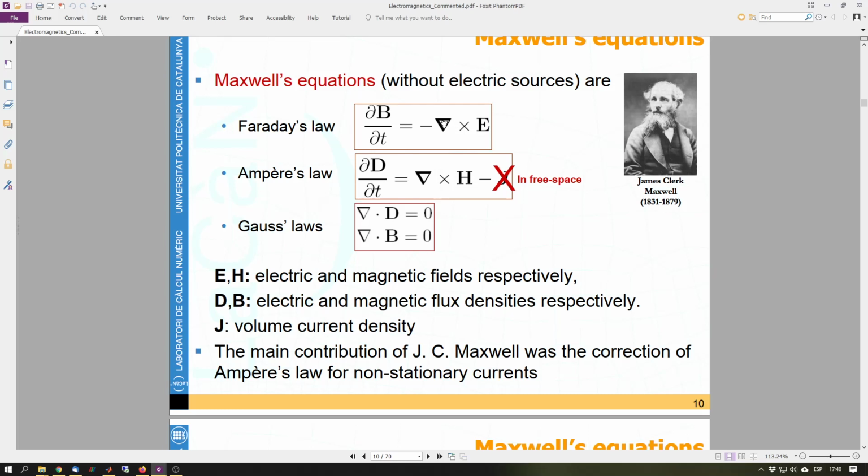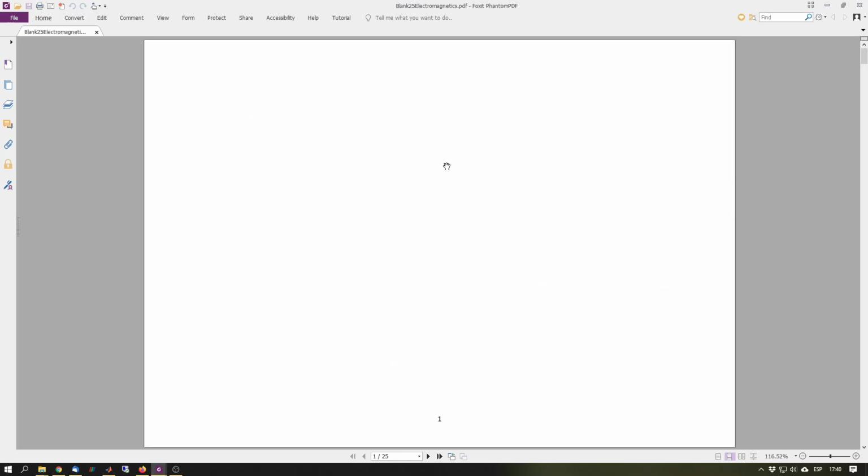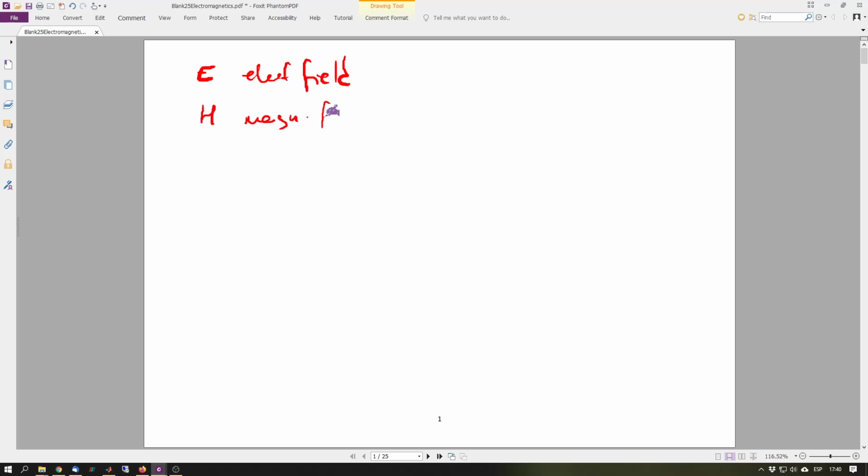What these equations are stating is that whenever we have a field, and by field we mean the electrical field, or in this case the magnetic field, these fields induce a flow in the magnetic field, and in the electrical charges that we may have.